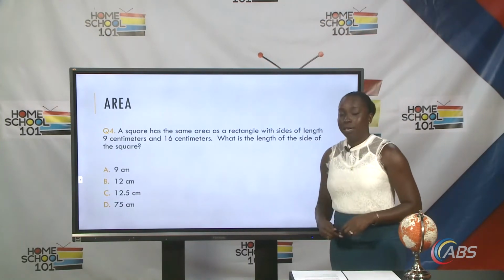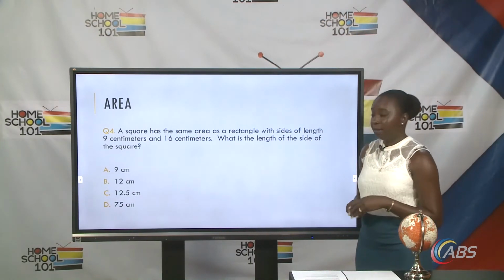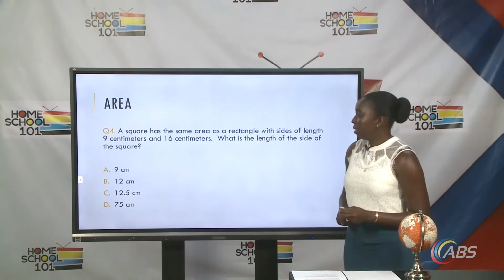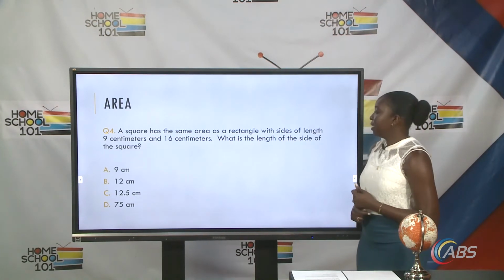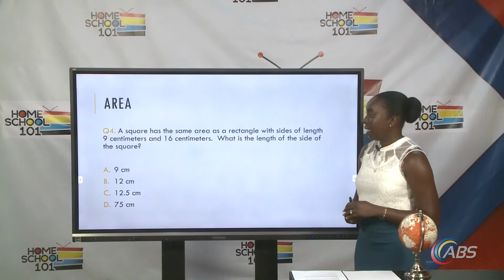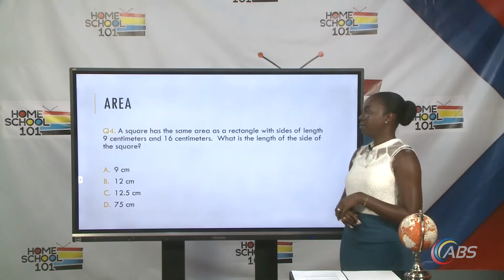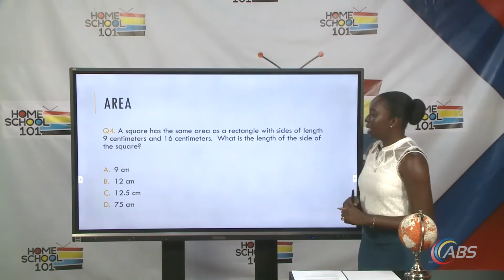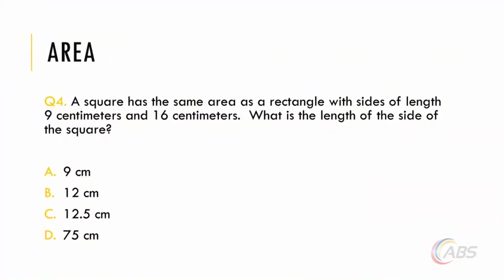Question 4. We're now focusing on area. A square has the same area as a rectangle with sides of length 9 centimeters and 16 centimeters. What is the length of the side of the square? Again, a square has the same area as a rectangle with sides of length 9 centimeters and 16 centimeters.